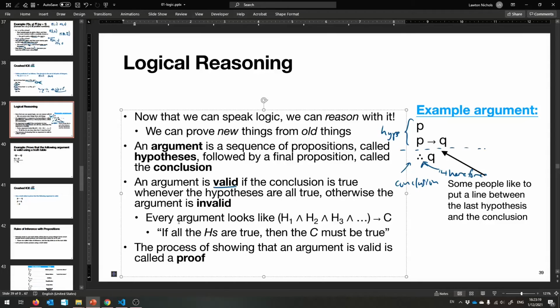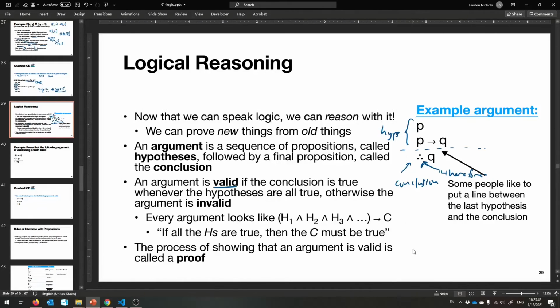Okay, so really, in terms of logic itself, every argument looks like this. You've got a bunch of hypotheses, H for hypothesis, and then you're using that to show that your conclusion is true, and there's an implication going on. You're like, okay, if all of these are true, then that's what implication gives you, then C is true, my conclusion.